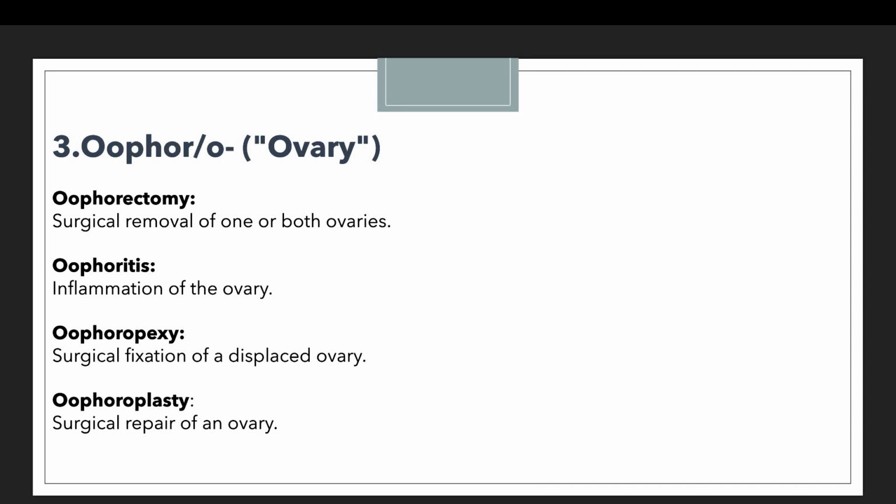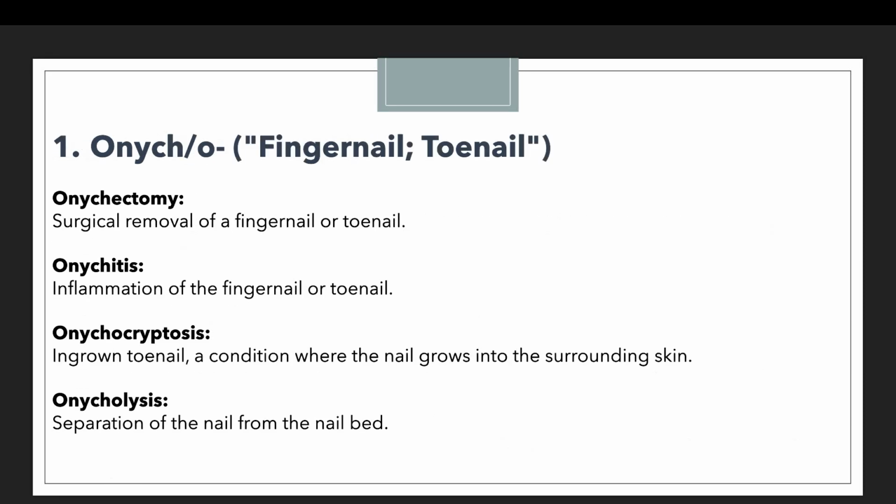If the ovary is inflamed because of any medical reason, we denote this with oophoritis. Likewise, the third example is oophoropexy, which means surgical fixation of a displaced ovary. And at last, we have oophoroplasty, which denotes the surgical repair of an ovary.